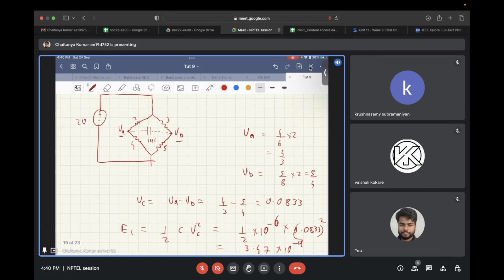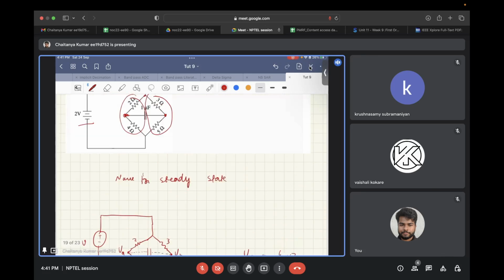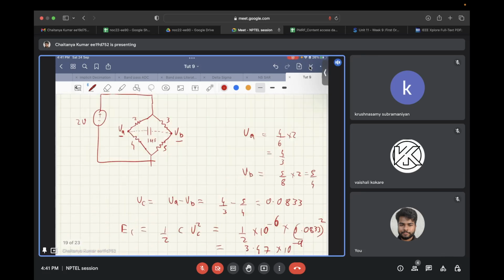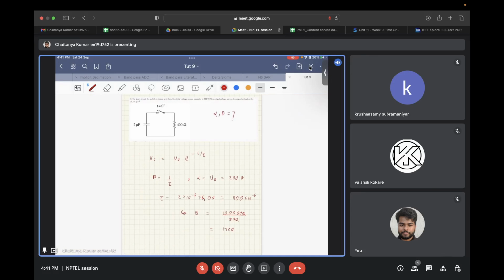That comes out to be 3.47 into 10 to the power minus 9, and since it's asked in nanojoules, it's equal to 3.47 nanojoules. So this is how you needed to solve this question. Now let's move on to the next question.